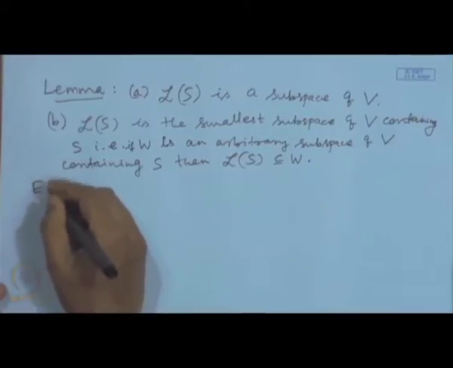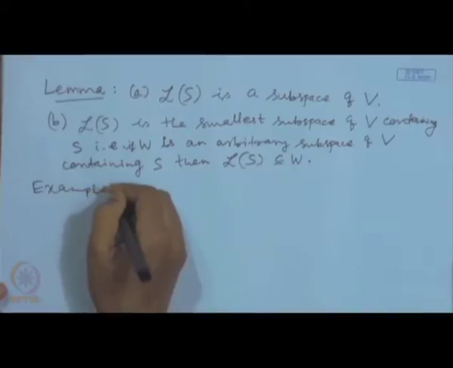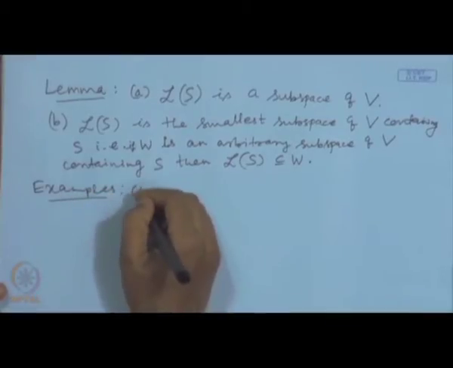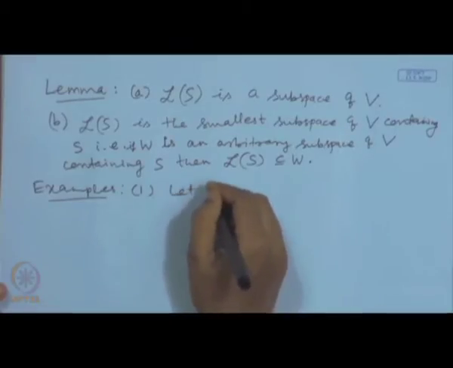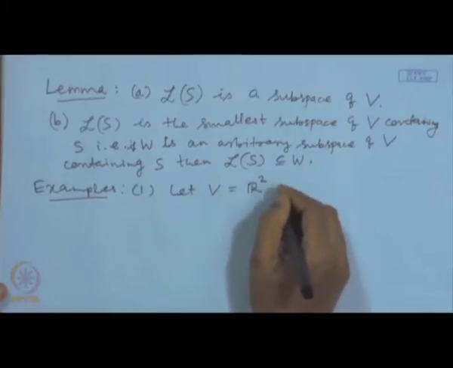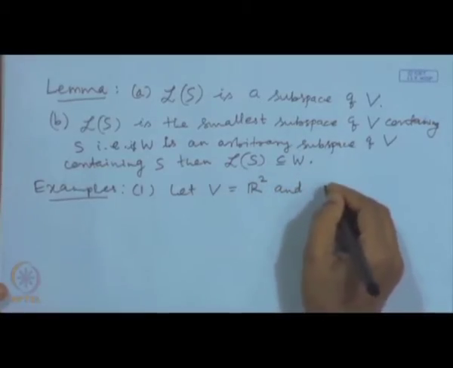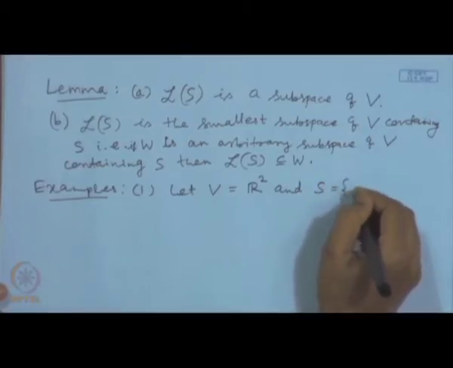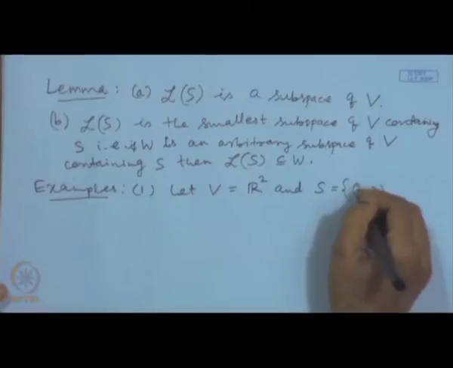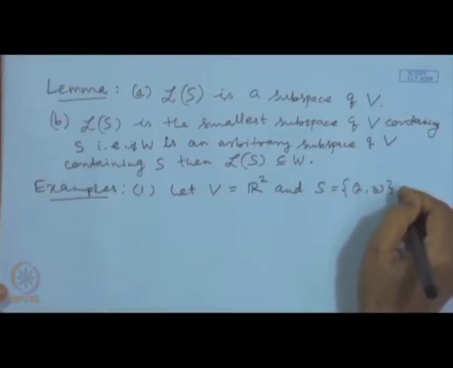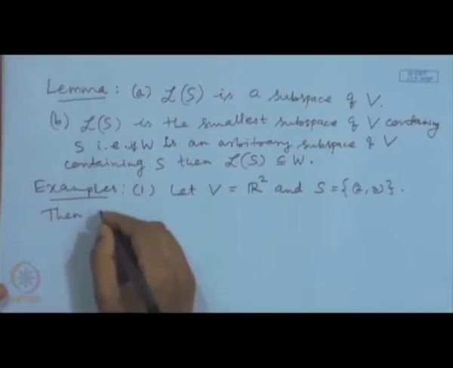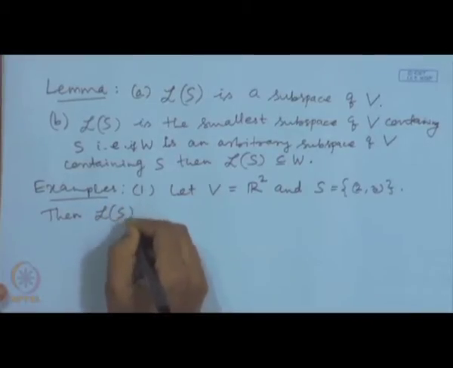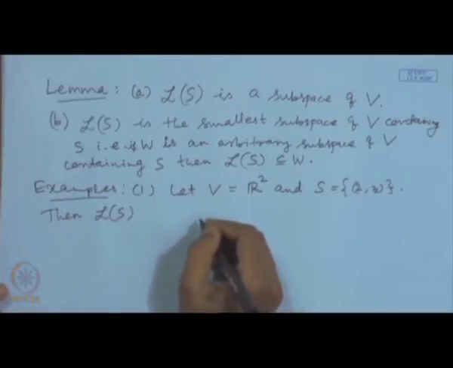So, let us have some examples. The first example: we can take this vector space as R2 and S consists of only one vector of this vector space, that is (2, 3).